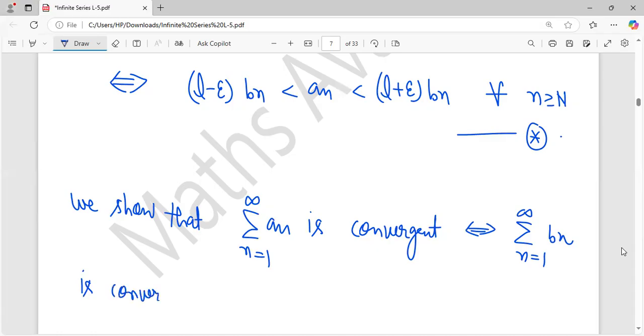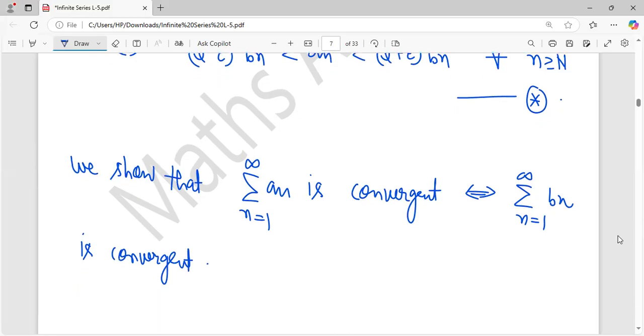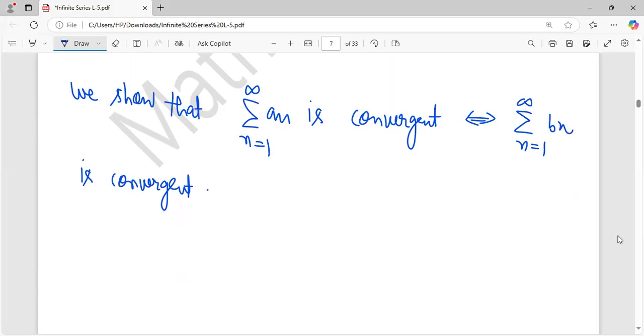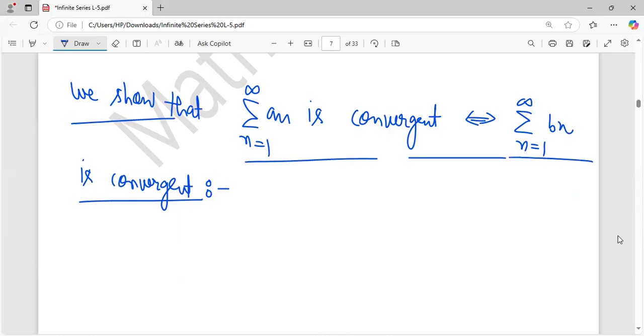If we can show this, then the divergent case will also be settled. We will show this part.